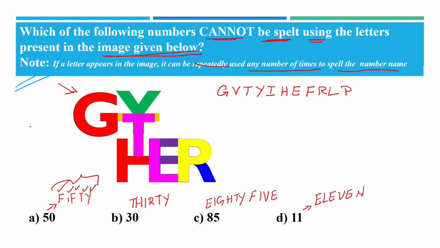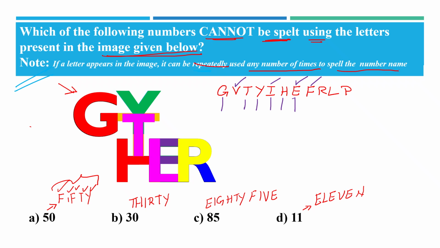Here we go, E, I, G, H, T, Y. 35. F, I, V, E. Great. And I believe the answer is option D.